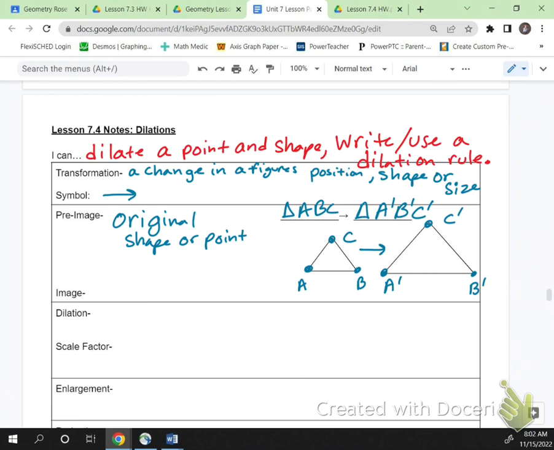In this example right here, we have dilated the shape. Do you see how it got larger? It got larger. So this is an example of a dilation that we'll be looking at today. The image is the final shape and position.